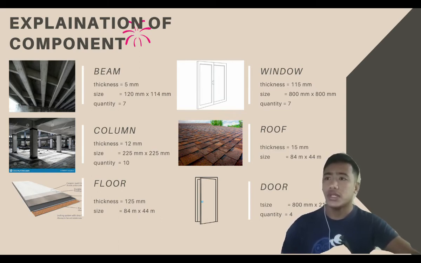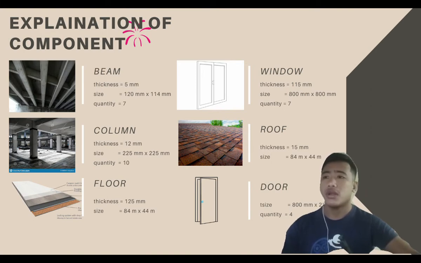For the window, the thickness is 115 millimeter, the size is 800 mm times 800 mm, and the quantity is 7. For the door, the thickness is 35 mm, the size is 800 mm times 2100 mm, and the quantity is 4. For the roof, the thickness is 15 millimeter, and the size is 84 meter times 44 meter.